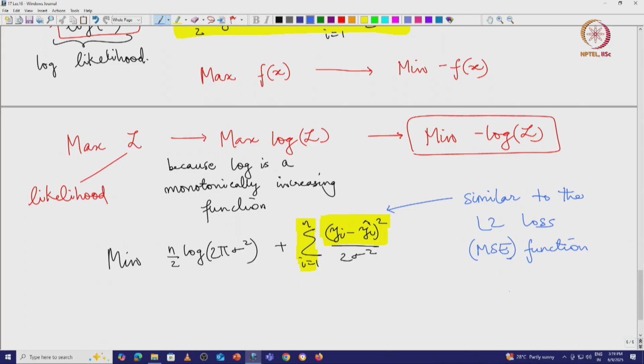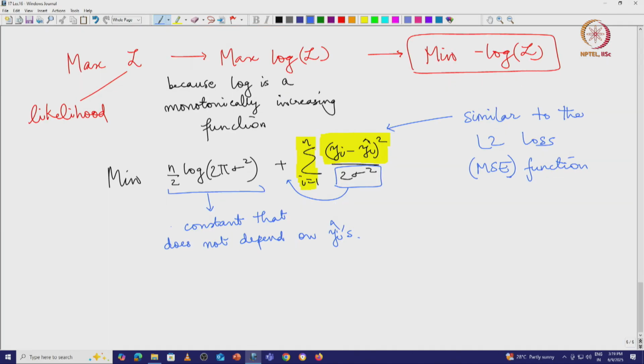And even more so because this part essentially is a constant, right, that does not depend on y_i hats, and this as well, I mean you do not have any control on it. In fact, you can bring this 2 sigma squared outside the summation.